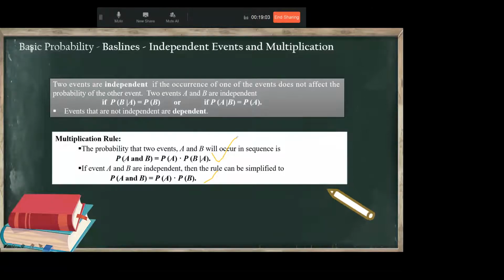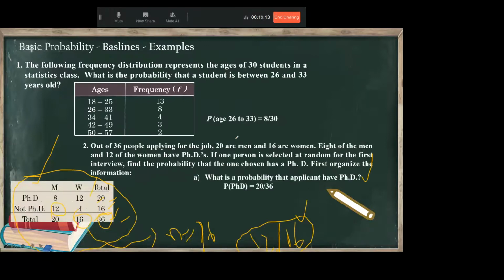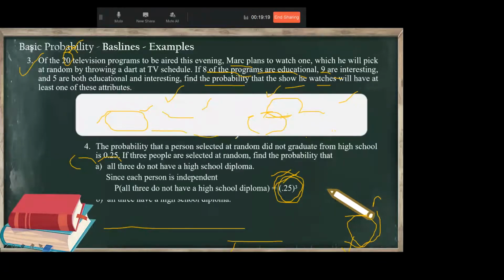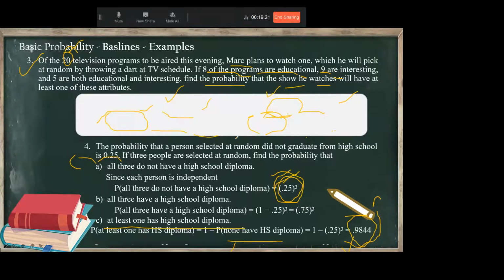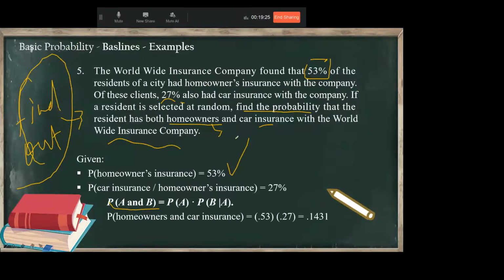Some residents have homeowner insurance, some residents have car insurance, and we have to select both. So that's how we differentiate that they are dependent, because they are the same residents. They're not independent. In the case of independent events, we will just multiply different insurance, right?